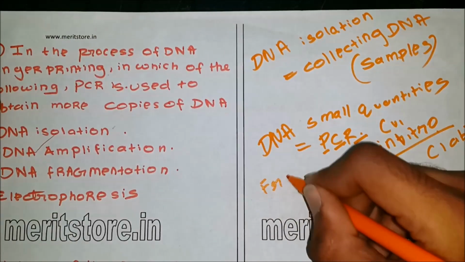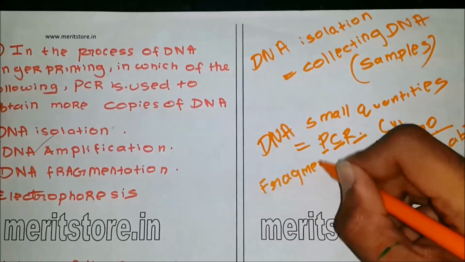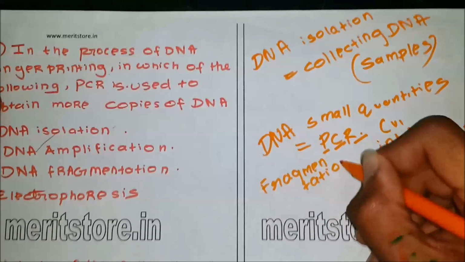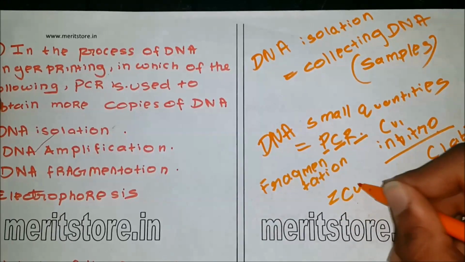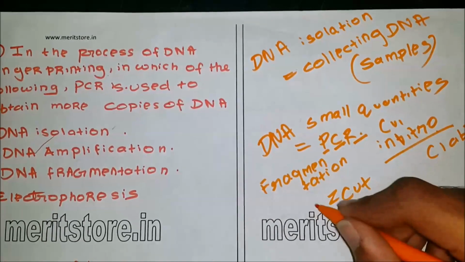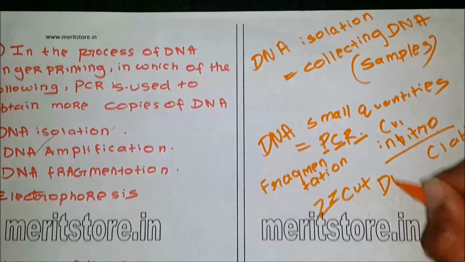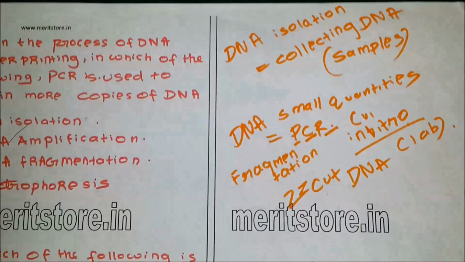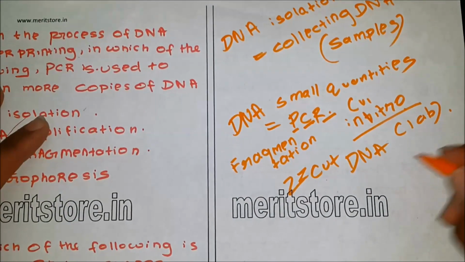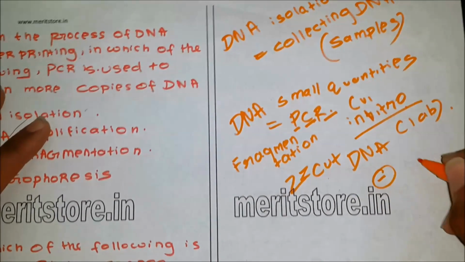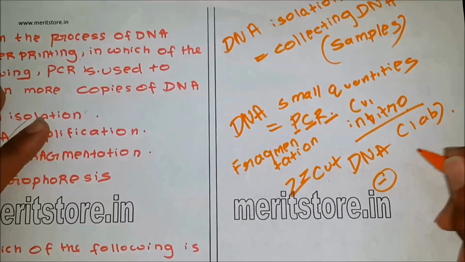Fragmentation is basically cutting the DNA. Cut the DNA. And electrophoresis, on the other hand, is just applying charges so that the DNA would move on.